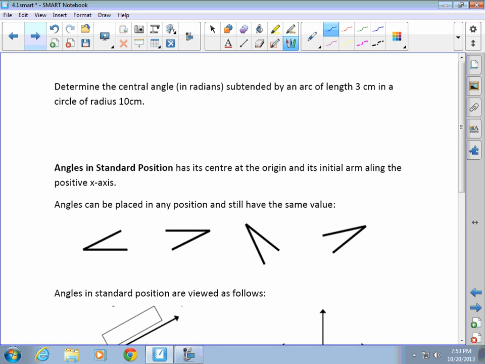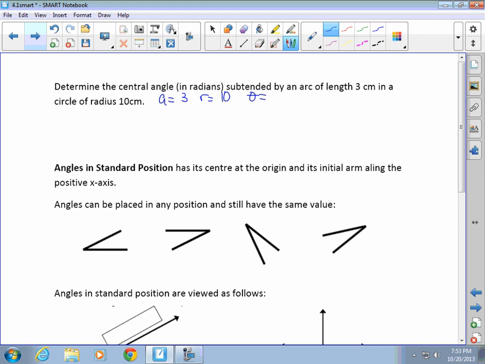So the next example says determine the central angle in radians subtended by an arc of length 3 centimeters in a circle of radius 10. So this time you're going to find the angle. They have told us that the arc length is equal to 3. We know the radius, which is 10, but we don't know what theta equals.